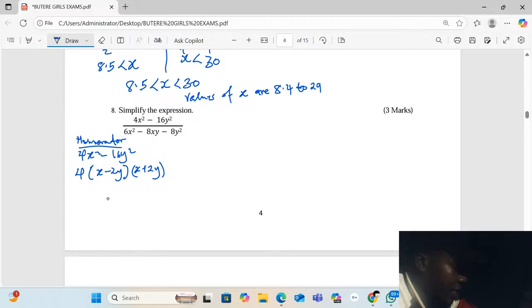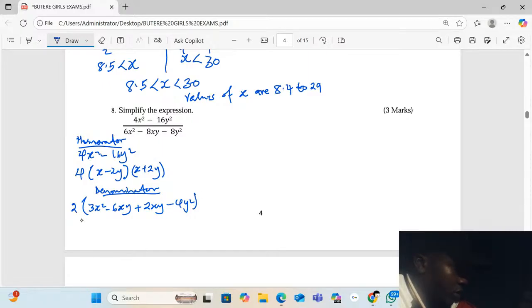Now on the other side, we look for the denominator. Now for the denominator, we take 2 and open using 2 as our common factor. 2 into 3x squared minus 6xy plus 2xy minus 4y squared.